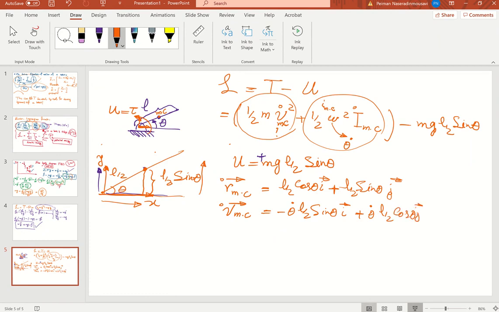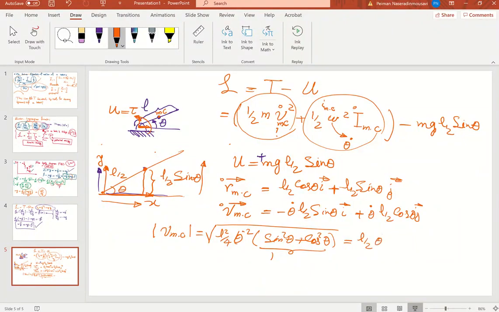We need this squared, so it's the absolute value. So the absolute value of VMC squared is gonna be L over 2 squared, so L squared over 4. We can factor out theta dot squared, and factor out sine squared plus cosine squared. For God's sake, this is 1, and the result is L over 2 theta dot, but it's to the power of 2.